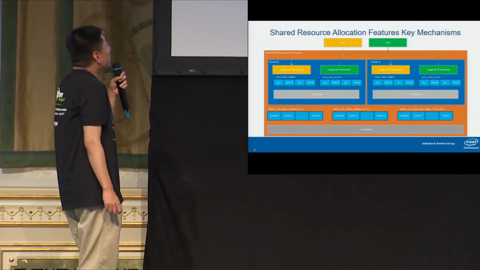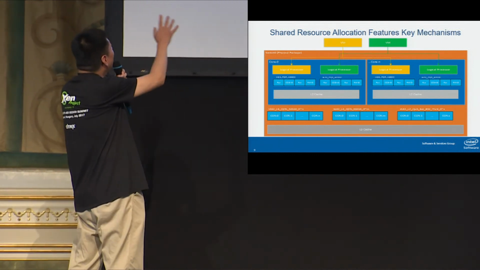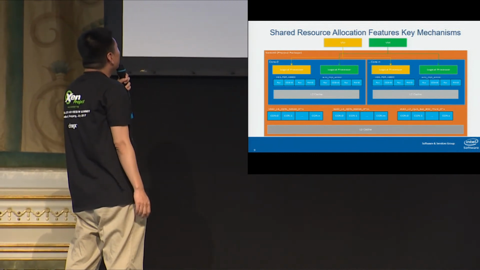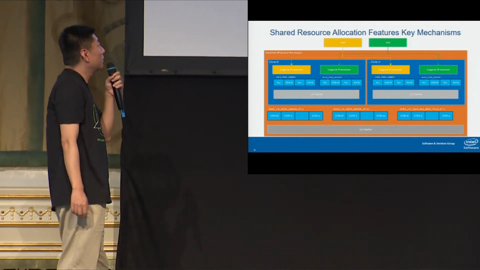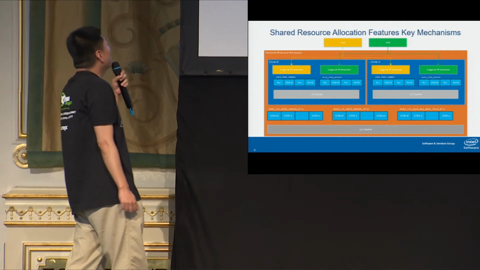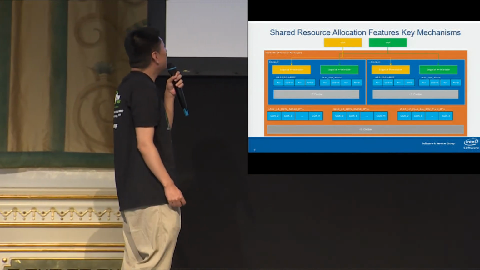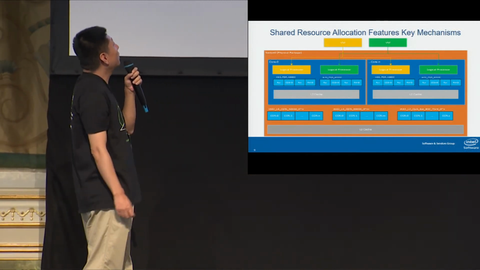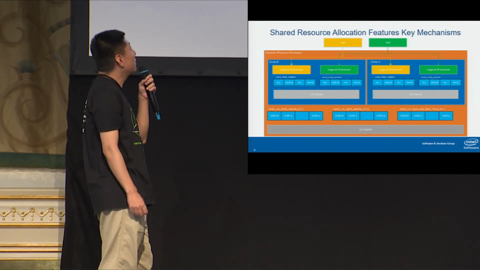Also, as you can see, there is a group of QoS MSRs. Each group signifies an RDT feature. For example, we have the L3 QoS MSR and the L2 QoS MSR.